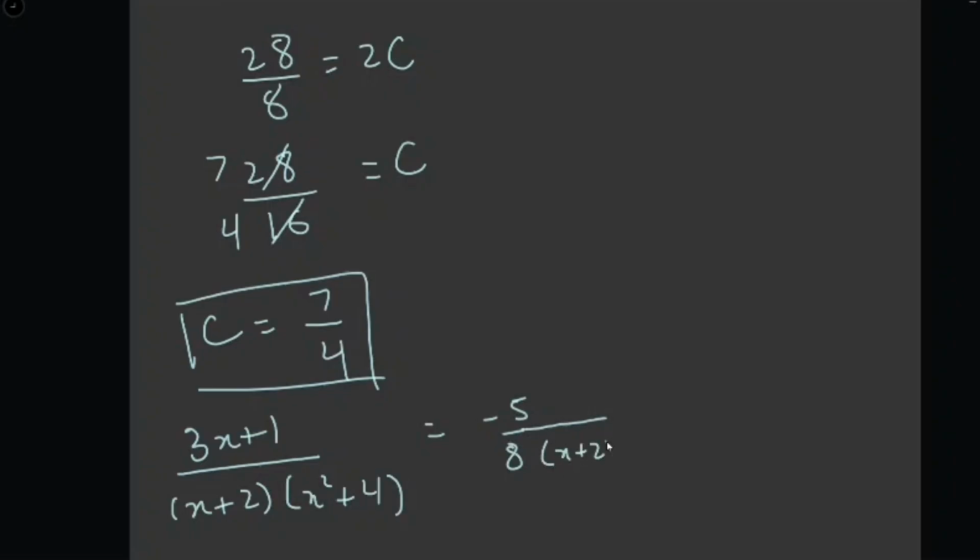This will be our a. And then we have x plus 2. And then here we had bx plus c. So we would just substitute the values of b and c here. Our b was 5 over 8. Then x, and our c was 7 over 4. And then this. So that was it. That was how you solved irreducible quadratic factor.